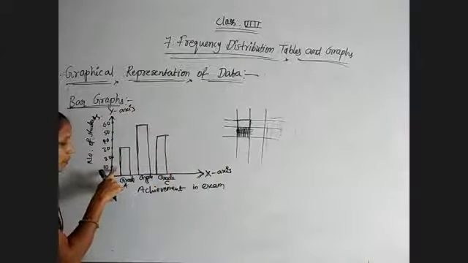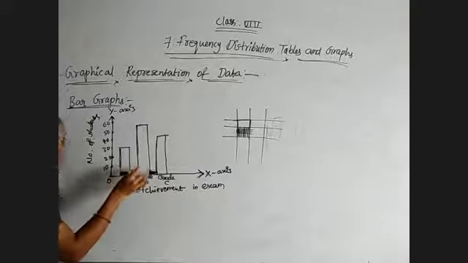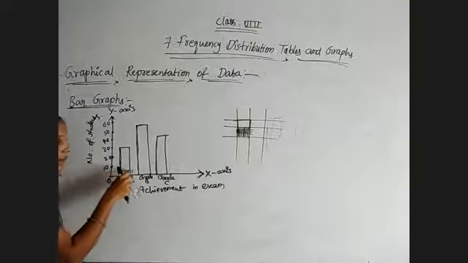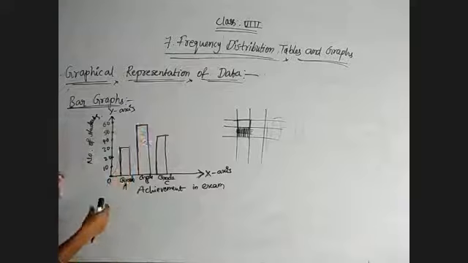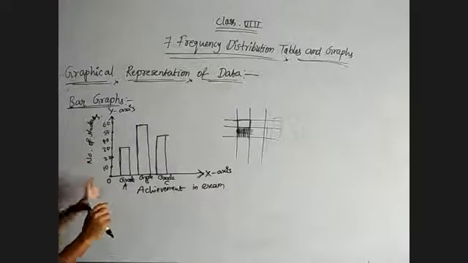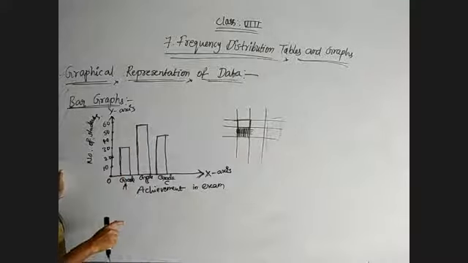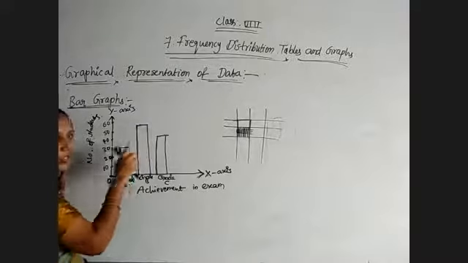And if you are placing some gap here, for the next bar also we have to keep the gap. So spacing between the two bars and width of the bars must always be equal. Whether you give this space or not, there is no problem. But whatever width, that is always the same. But length is not equal.